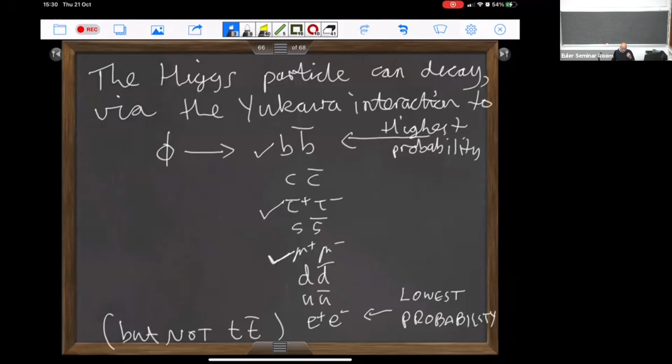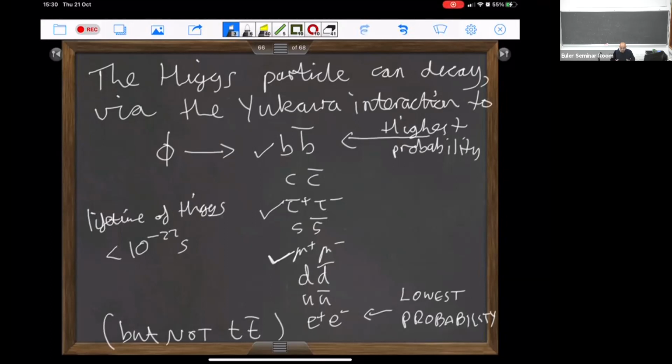The lifetime of the Higgs boson is some tiny number, certainly less than 10 to the minus 22 seconds, probably 10 to the minus 23, 24 seconds. It will decay very quickly into whatever it's decaying into.